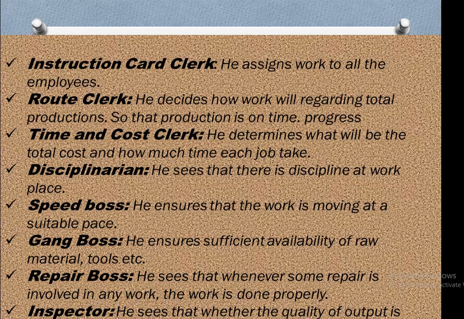Gang boss. He arranges all the machines, tools and other resources required for performance of the job so that there is no delay. Speed boss. This foreman assures timely completion of the job. Repair boss. This boss ensures that machines and tools are kept in working condition.